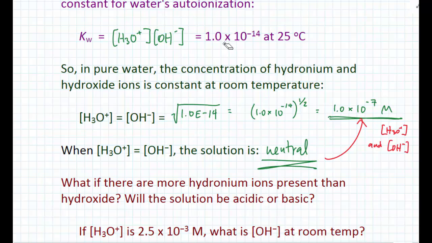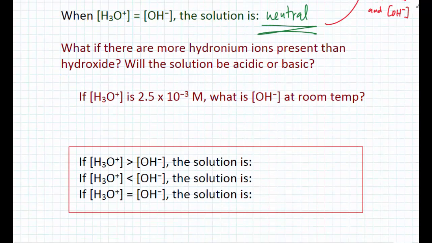It's kind of like Le Chatelier's principle, the reformation of an equilibrium. So if we know one of those concentrations, we can figure out the other using that formula. Because hydronium times hydroxide is 1.0 times 10 to the negative 14.